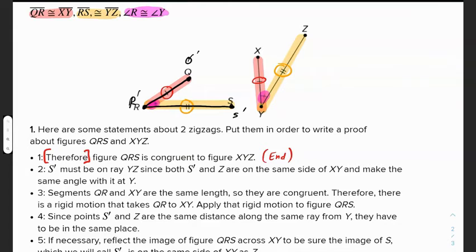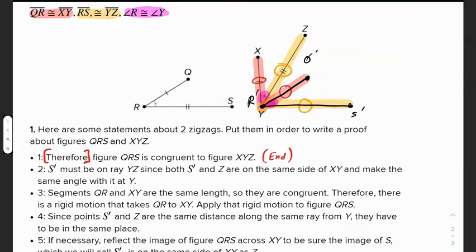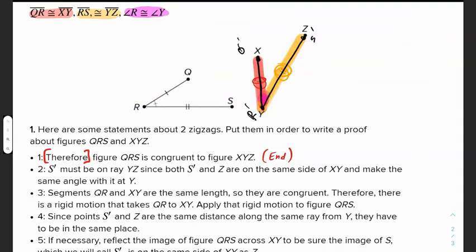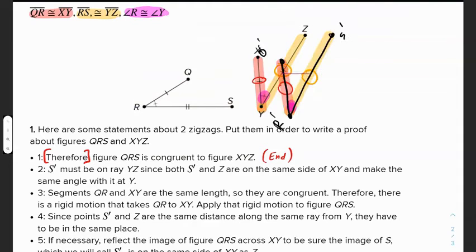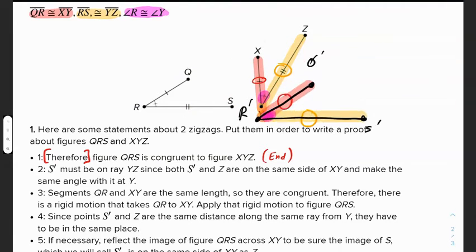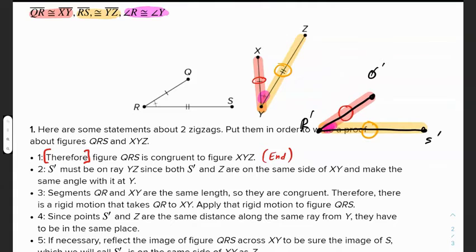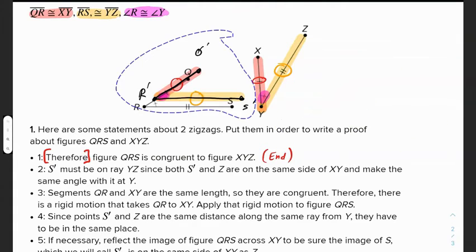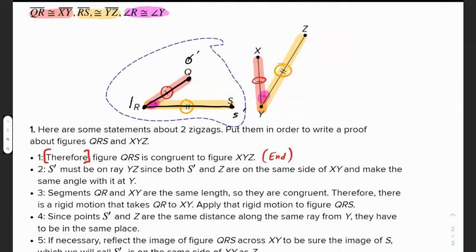You would have to do some kind of transformation, either a translation or a reflection or a rotation. Something would have to be moving around for S prime to exist, but we don't have that yet. So that's somewhere in the middle of our proof. Actually, I'll just delete that for now.